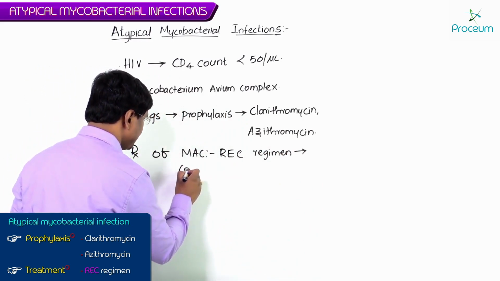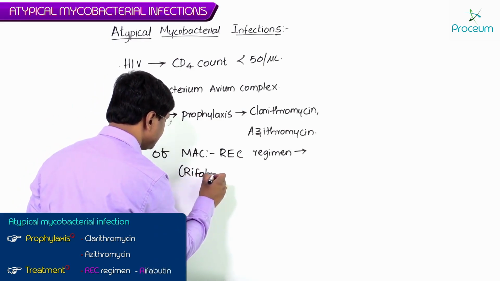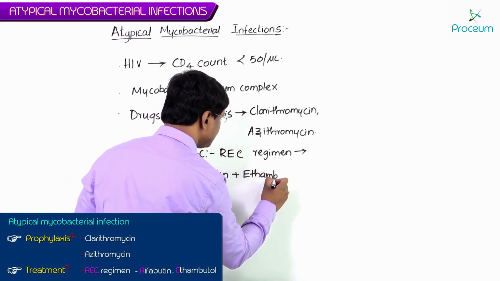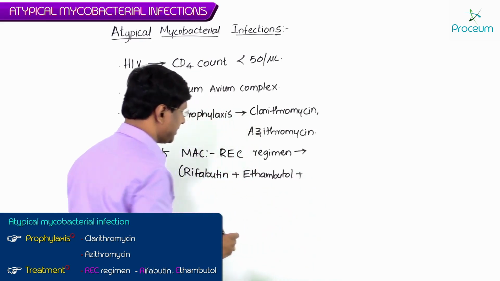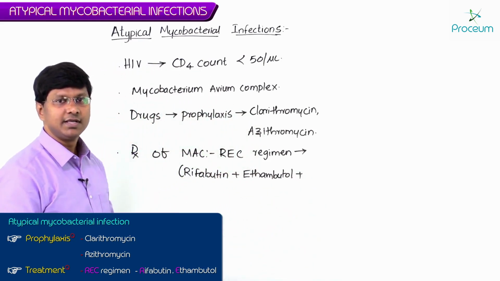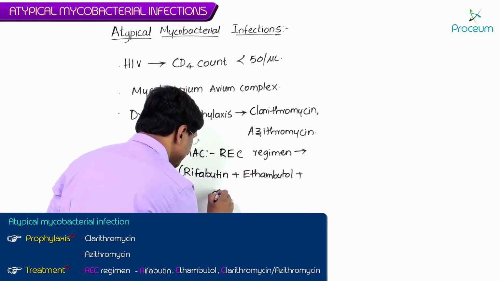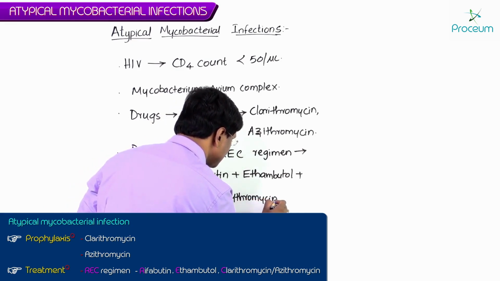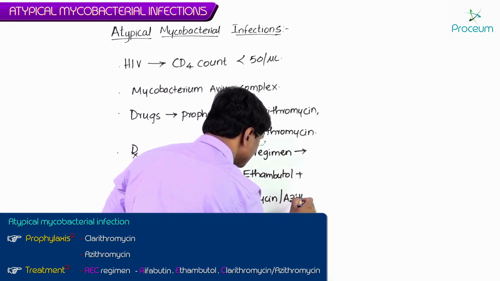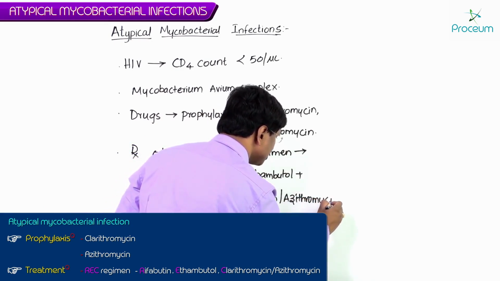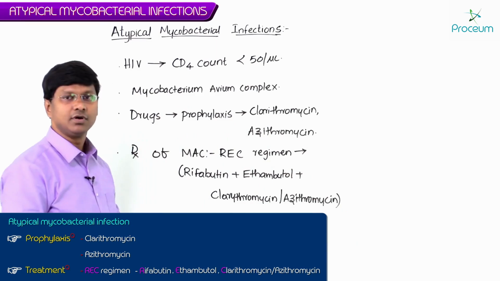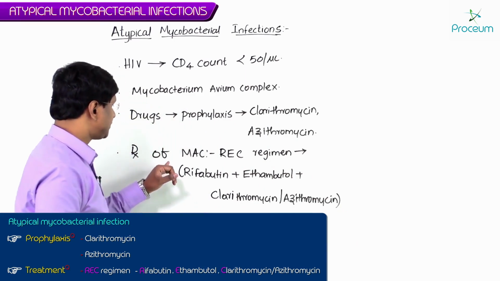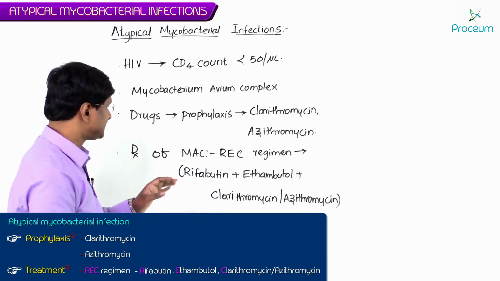This REC regimen includes rifabutin plus ethambutol, and clarithromycin or azithromycin. So this is your REC regimen in the treatment of Mycobacterium avium complex.